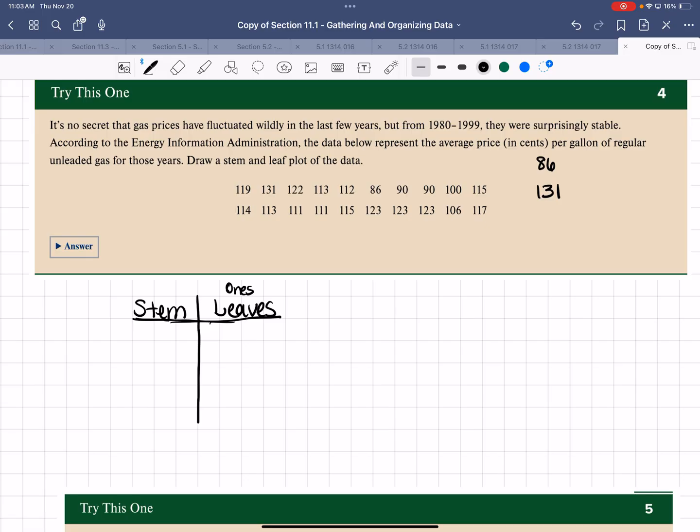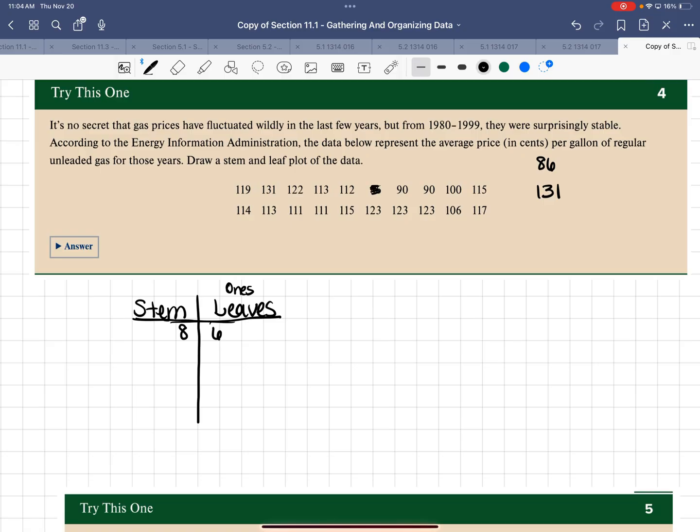So here's how it works. What's my lowest value? 86, right? That means the 8 is going to be the stem. And then I'm making my leaves ones. That's going to be the 6. That's 86. Okay. Now, those are the 80s. Let's go to the 90s. So I've used 86.